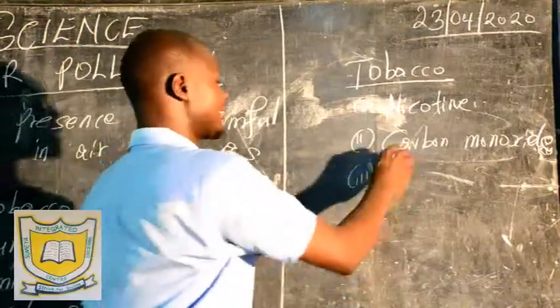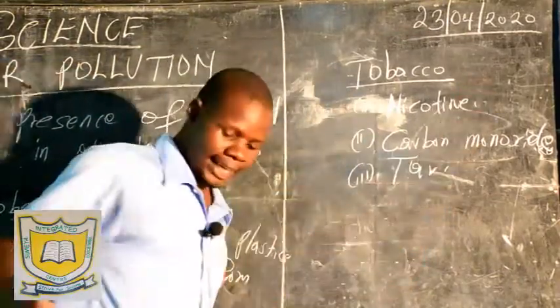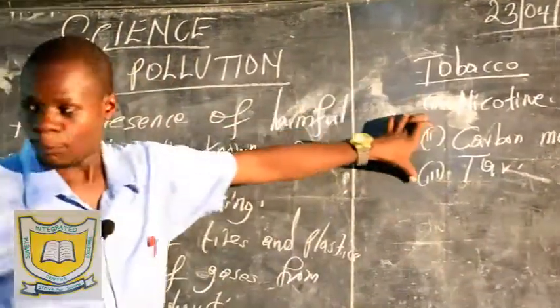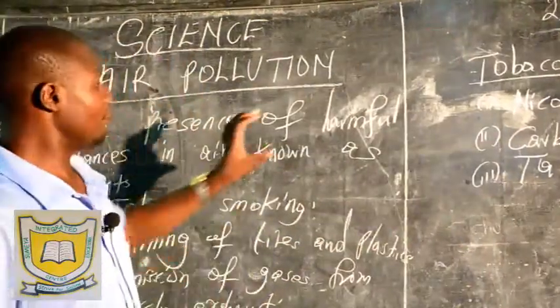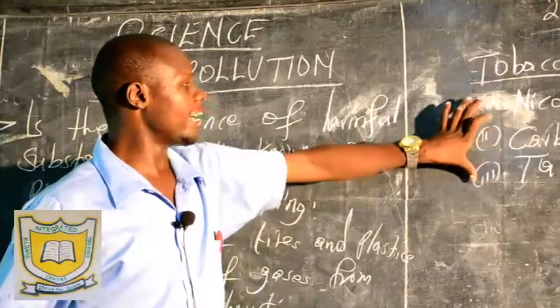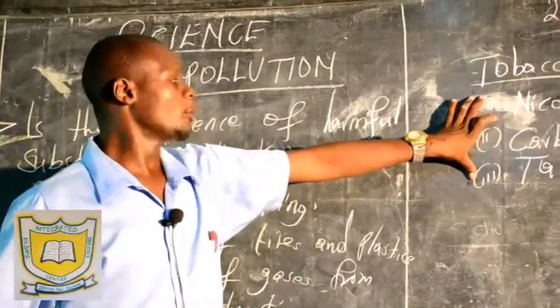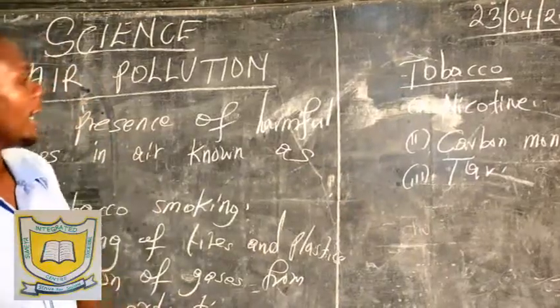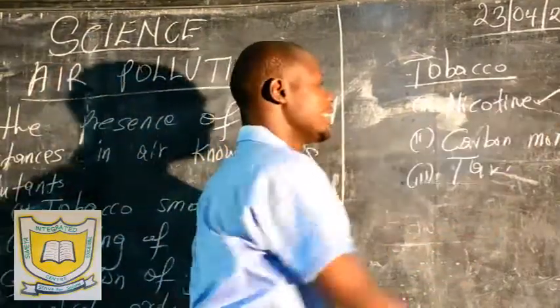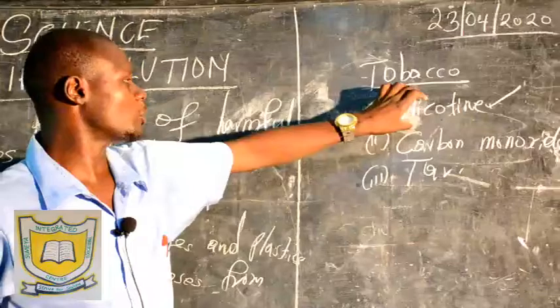Number 3 is tar. These are the elements found in tobacco. Nicotine, carbon monoxide and tar are very harmful to human health and also animals. Nicotine is an addictive substance found in tobacco.